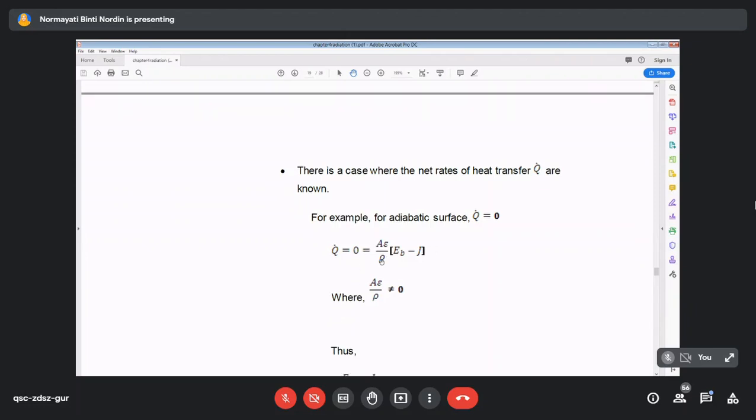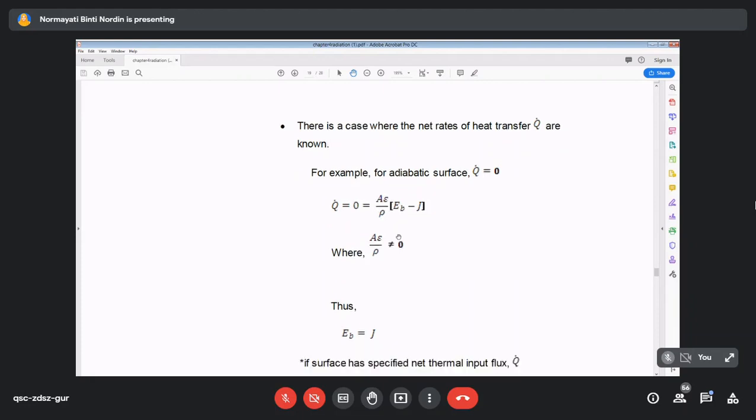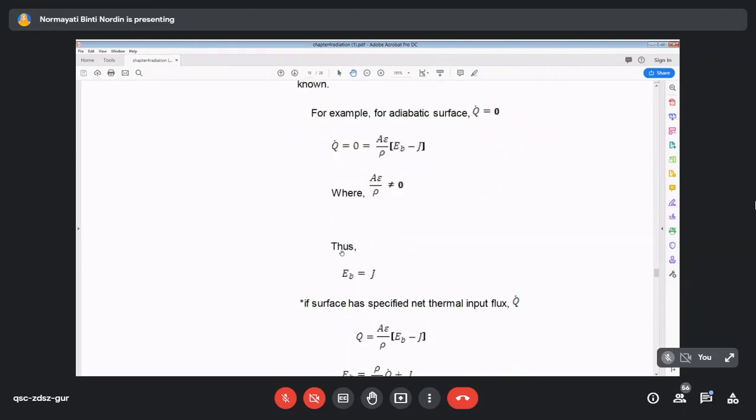So that the basic formulation here will turn as this, and we know that this term can't be 0, so that the black body emissive power for adiabatic case will be equal to the radiosity of that particular surface which is adiabatic. So ini untuk adiabatic case, how can you calculate the black body emissive power.